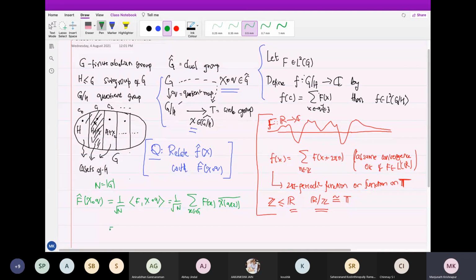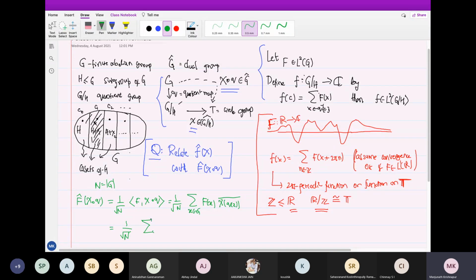Now let's sum this by fixing the cosets. I have to sum over all group elements, but let me sum it over cosets and then add all those. So how do I sum it?